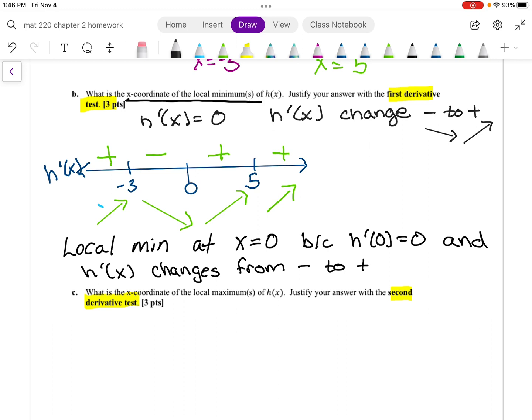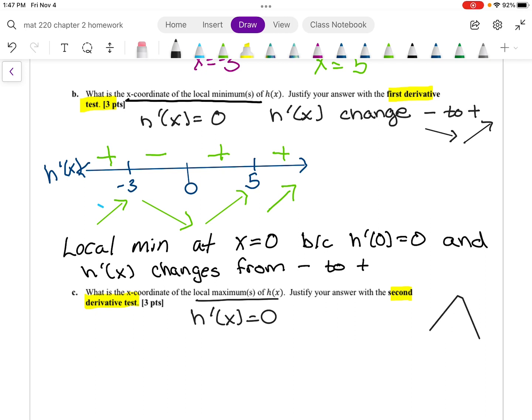The second derivative test is looking at concavity and using that to help me determine if I have a min or max value. So to prove a local max with the second derivative test, first off, I need to have shown that h prime of x equals 0, which I already did. And then to be a maximum, think about what a maximum curve looks like.